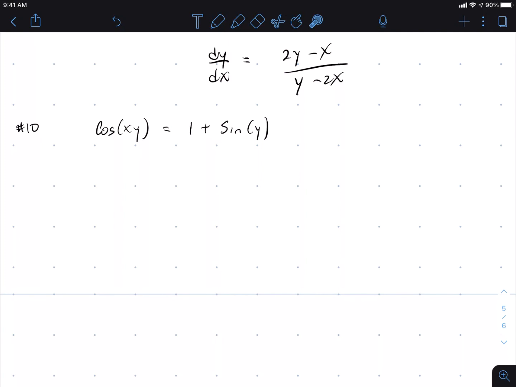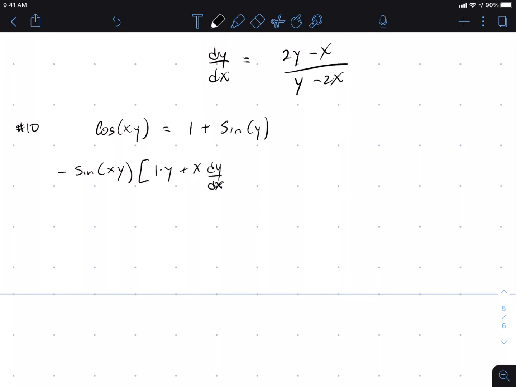So in this first piece, we're going to have to do the outside function, which is the cosine, right? We're going to have to take the derivative of that. And so we know that that's going to be a negative sine of xy, right? But then we need to take the derivative of the xy piece. And so again, that's a product. And since it's a product, it's going to be the derivative of the x, which is 1. So I'm going to get 1 times y plus x times dy dx.